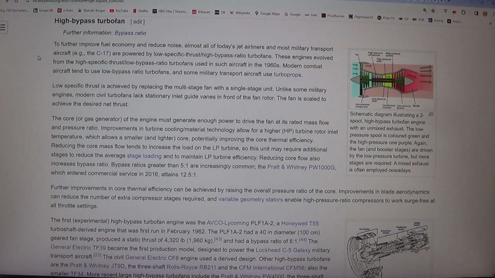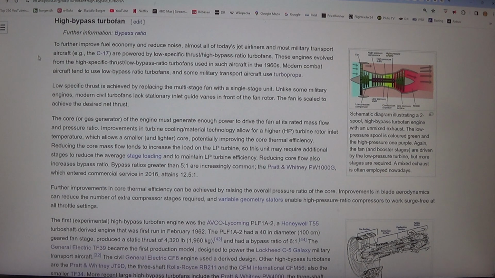Low specific thrust is achieved by replacing the multi-stage fan with a single-stage unit. Unlike some military engines, modern civil turbofans lack stationary inlet guide vanes in front of the fan rotor. The fan is scaled to achieve the desired net thrust.